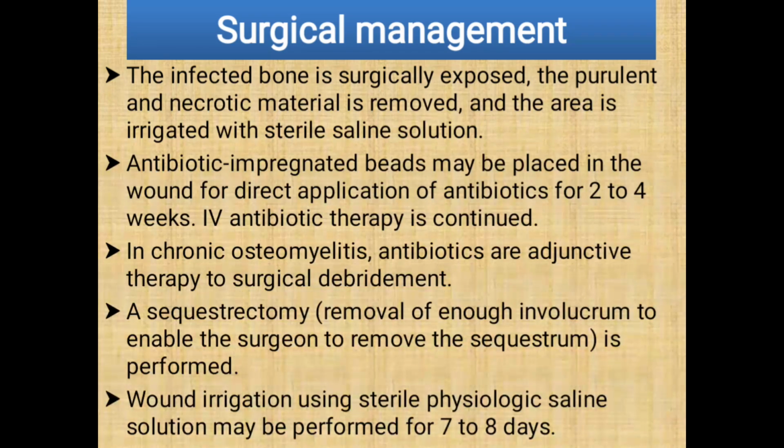Then there is saucerization, removal of involucrum to enable the surgeon to remove the sequestrum. Sequestrum, as we said, is the bone that has been destroyed due to the infection. Then wound irrigation using saline.